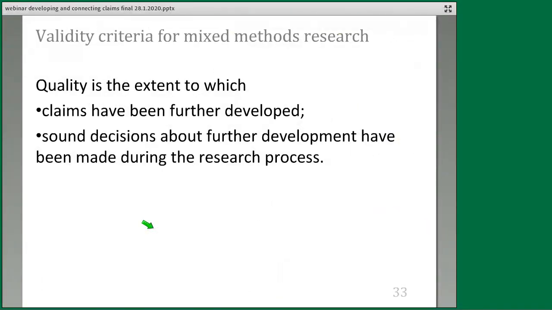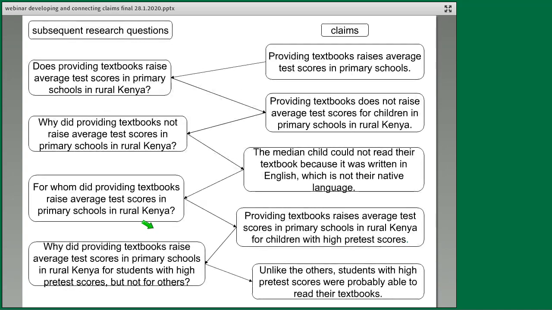Okay. So quality is the extent to which claims have been further developed, and sound decisions about further development have been made during the research process. And here I can refer to this slide again, because these claims on the right side also show a lot of claim development. It's not the developing meta-inference, but it is the several claims that have been developed.